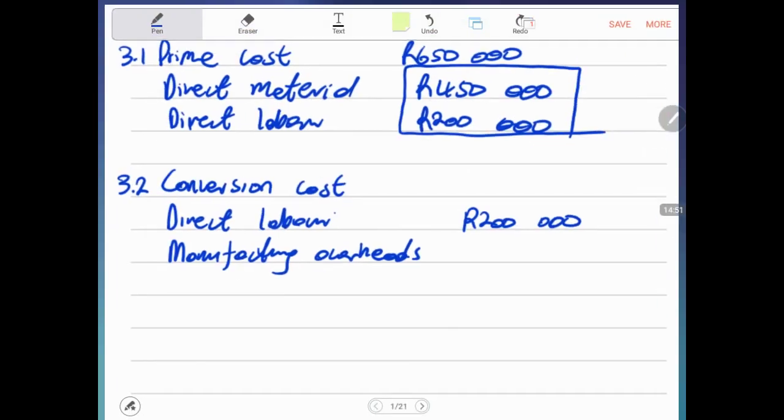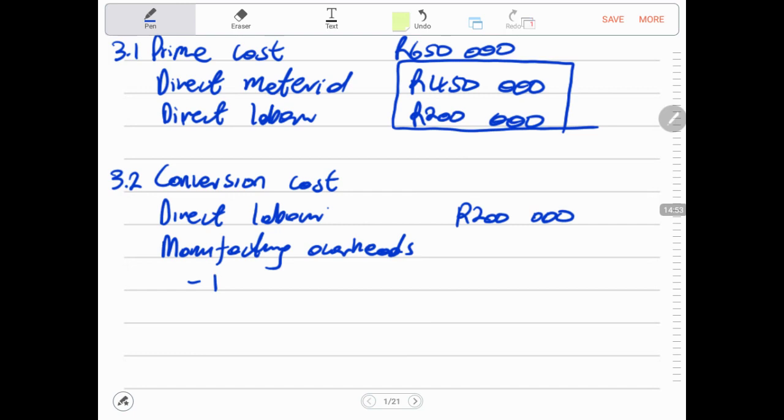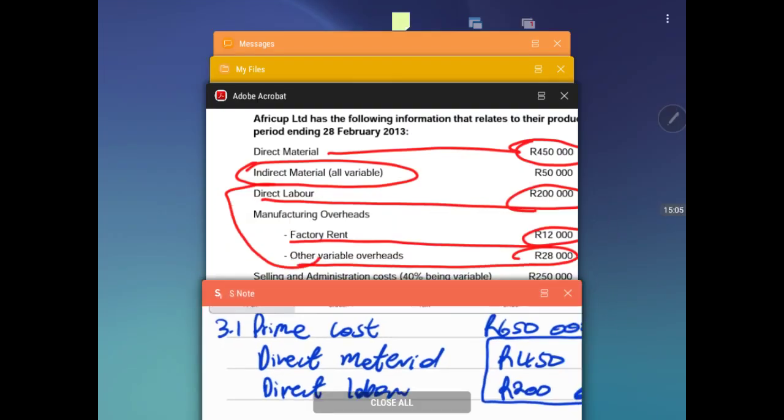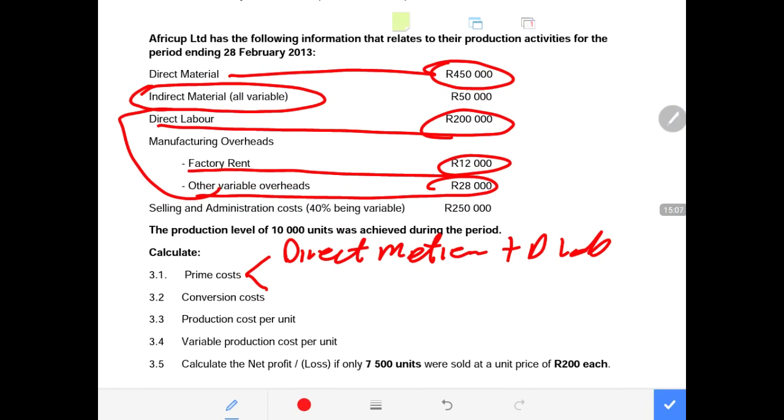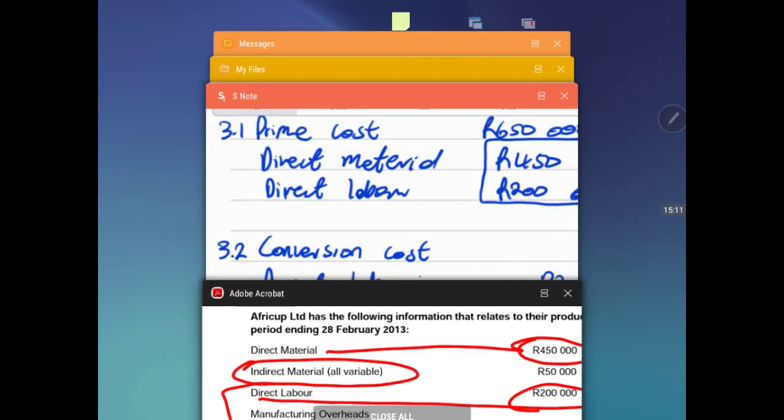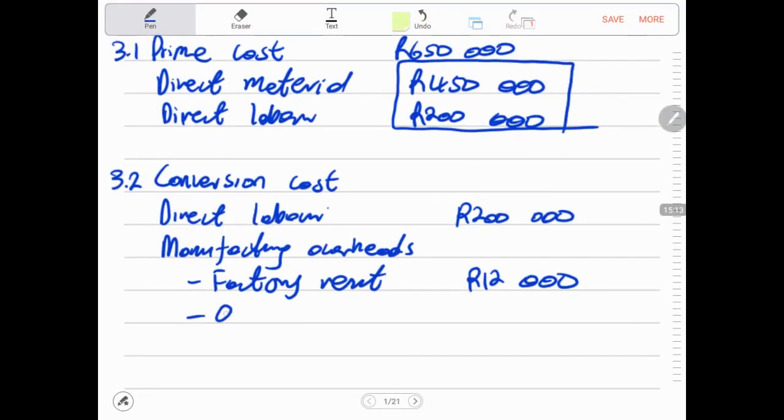We have the factory rent, which is a manufacturing overhead, and our factory rent is an amount of 12,000 rands. Then we come to the second overhead, which is other variable overheads.